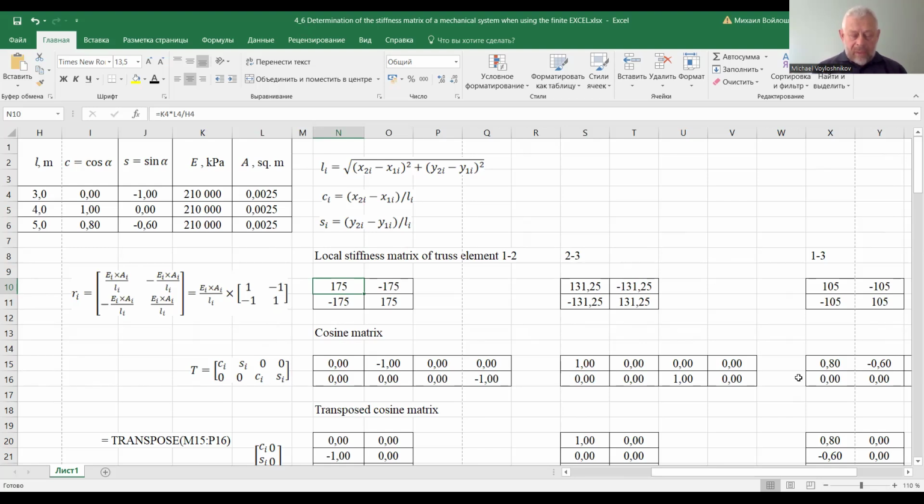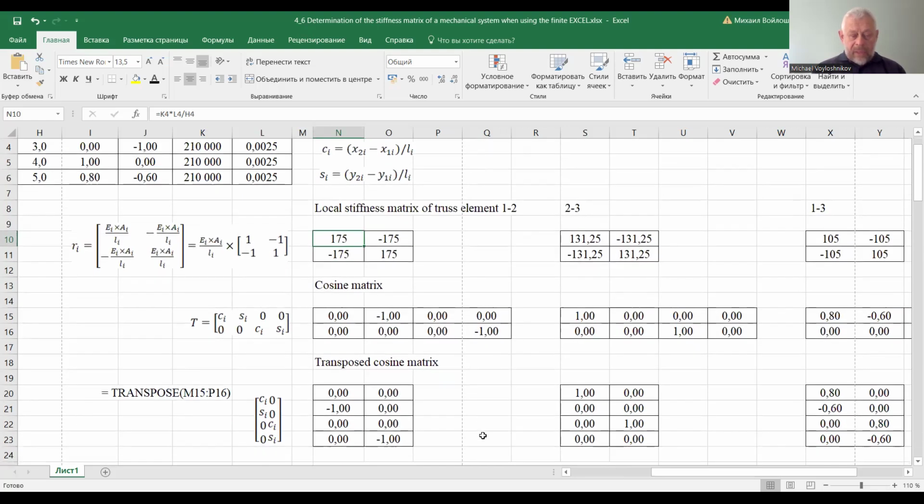We draw through the points the abscissa axis of the local coordinate system, and to have the stiffness matrix of each finite element in the global coordinate system, global associated with the integral mechanical system, the integral truss.